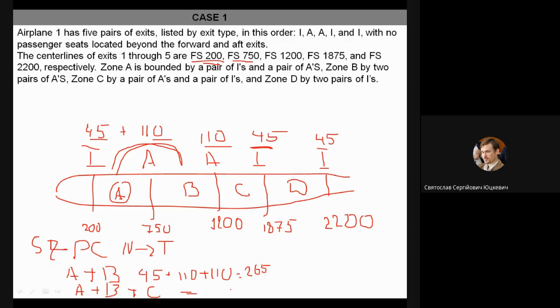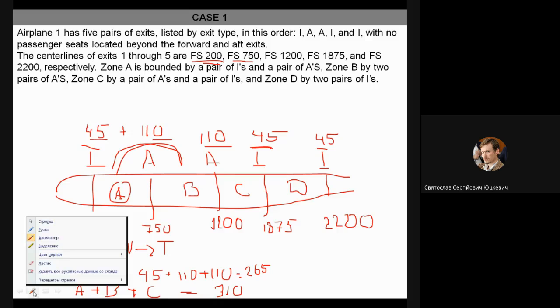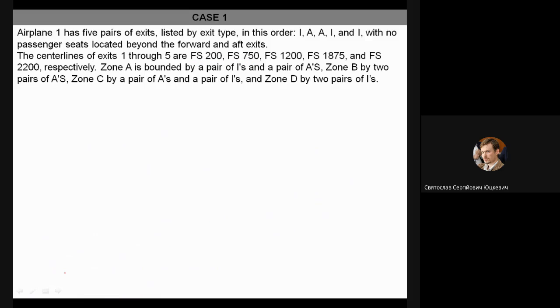It will be 310. Then it will be tail to nose check.